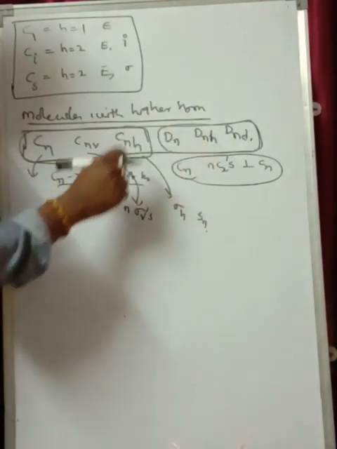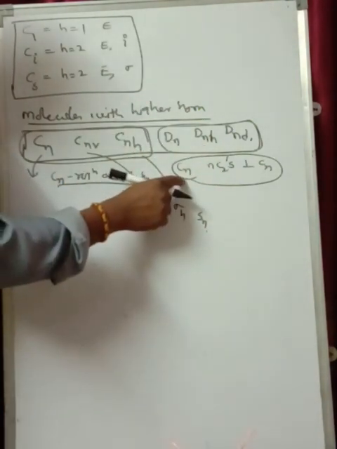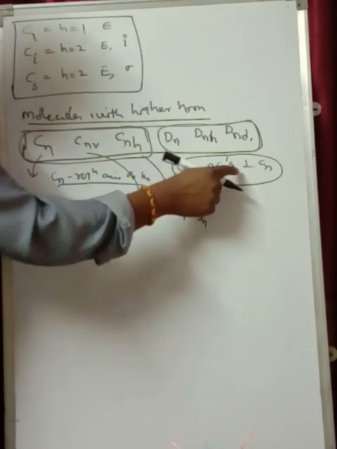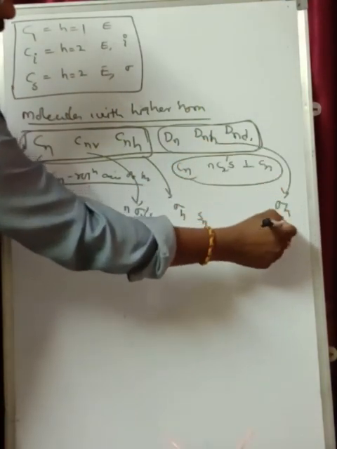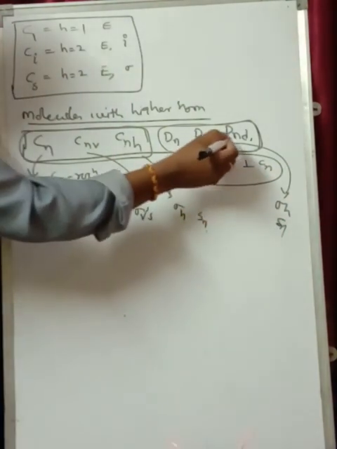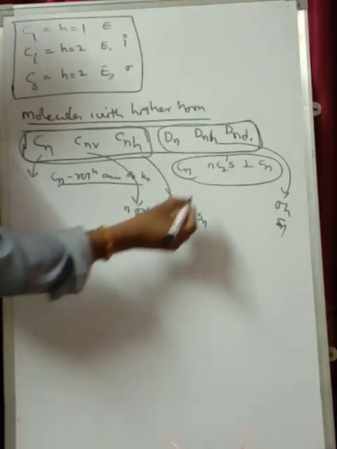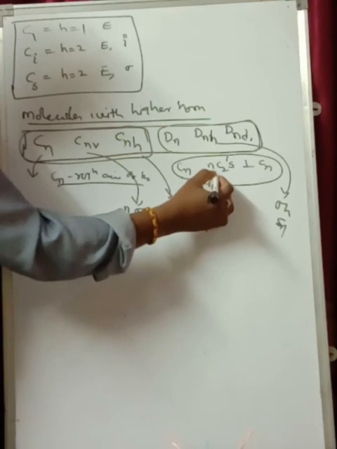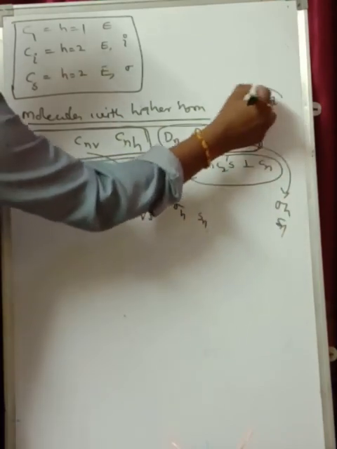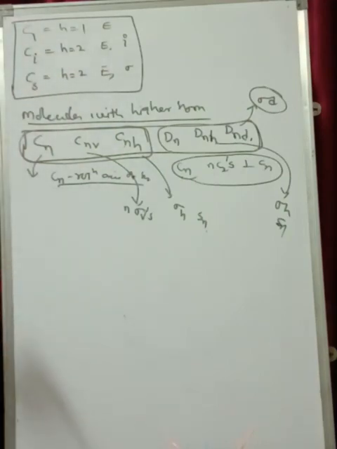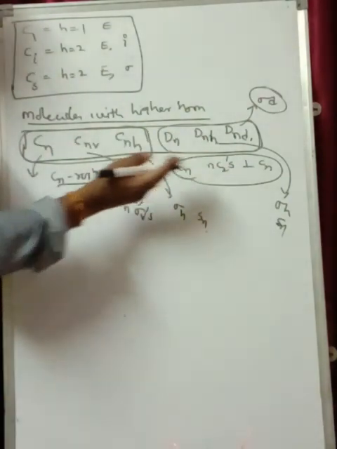If you take Dnh, it will have Cn along with n number of C2s, and in addition to that, it will also have sigma h and Sn. Whereas if you take Dnd, it will have Cn along with n number of C2s perpendicular to Cn, and it also has sigma d. Therefore, you can easily differentiate.